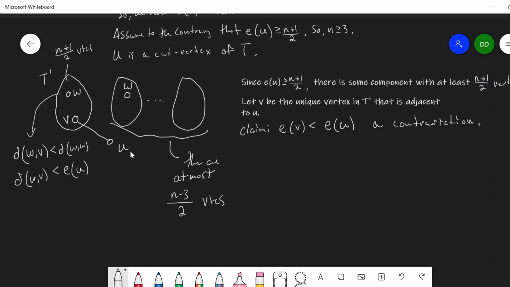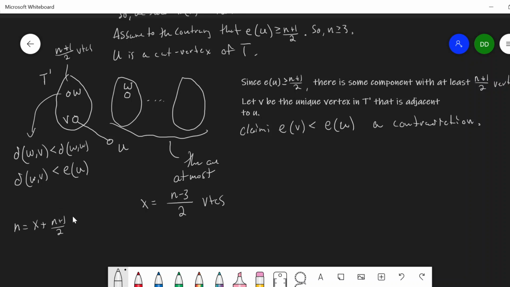Right, just pausing for a second here, make sure that makes sense to you. Right, yeah, let me just add it up. So where did I get that (n minus 3)/2 from? So let's say there are x many of these. So I need n to equal x plus (n plus 1)/2, at least that many.